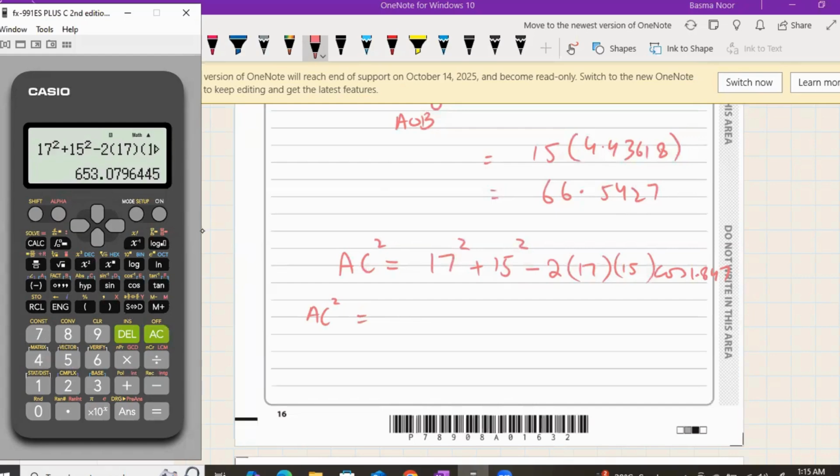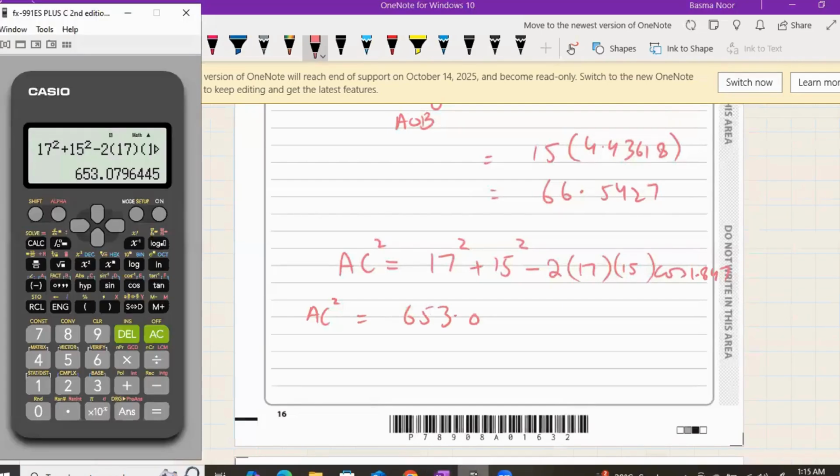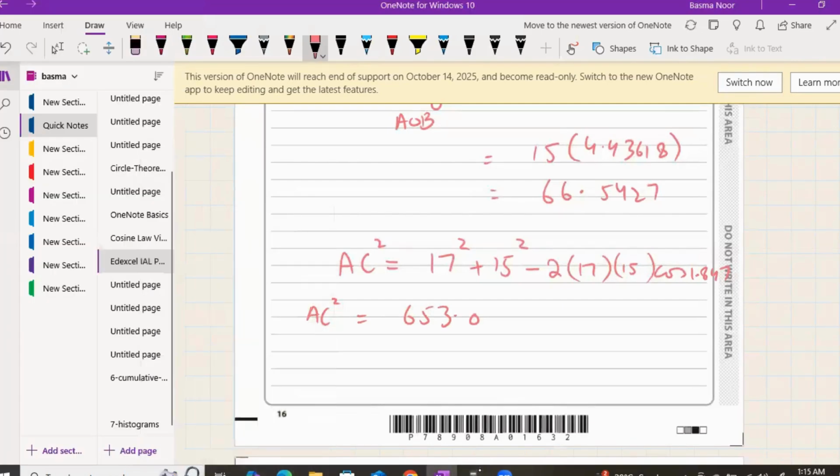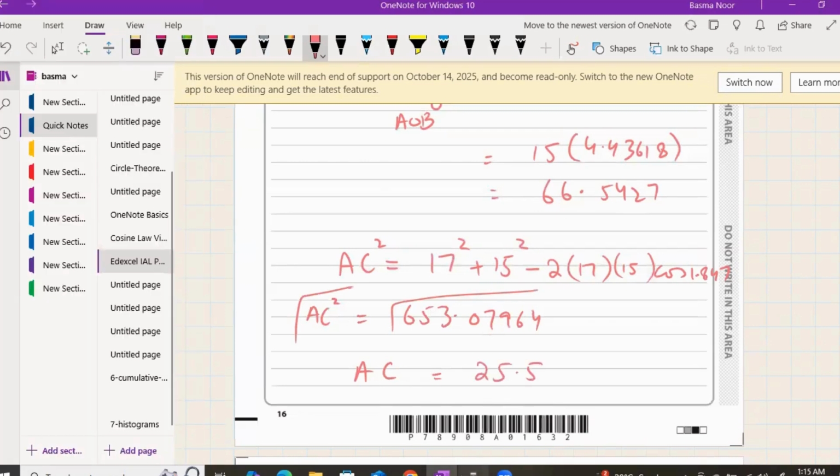You have got 653.07964. But we need just AC, we don't need it squared, so we take the square root on both sides. And when we square root the answer, it gets us 25.5554. So this is the AC length.